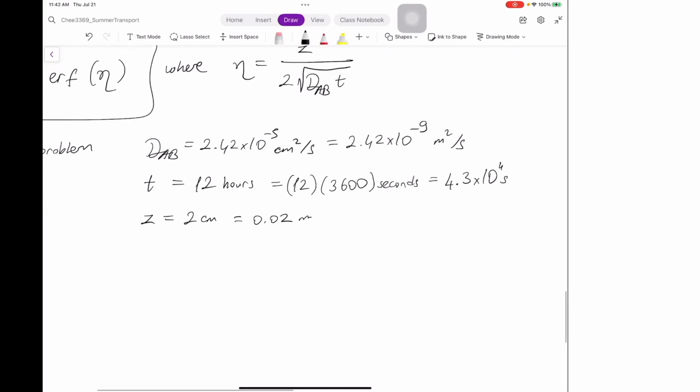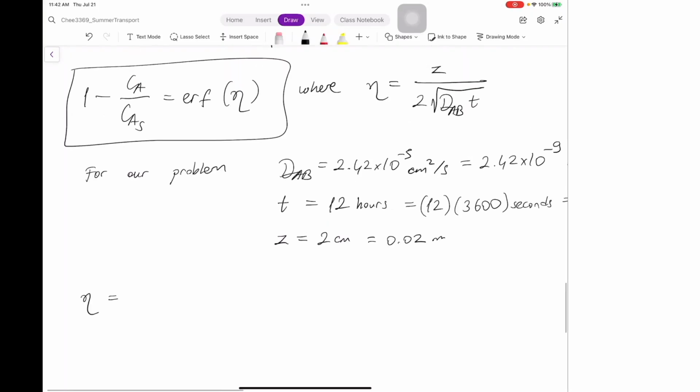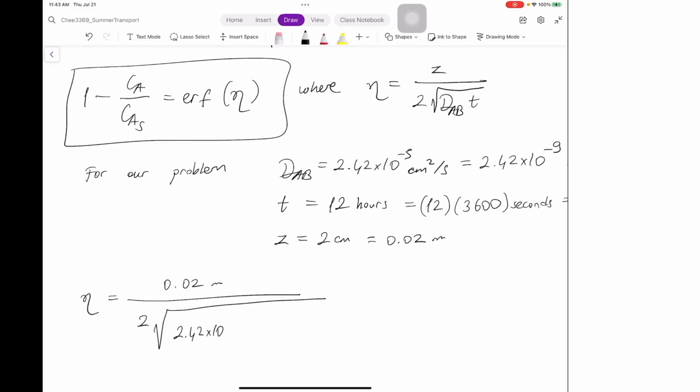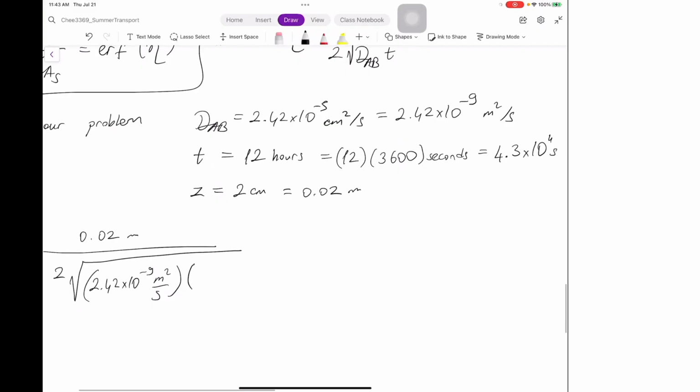Okay, so eta comes out to be 0.02 meters divided by 2 times the square root of 2.42 times 10 to negative 9 meters squared per second times 4.3 times 10 to 4 seconds.